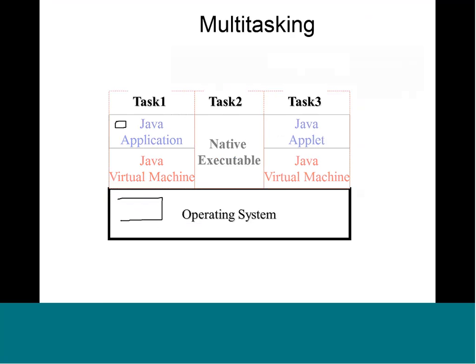So there is this thing called the scheduler inside the operating system. The scheduler inside the operating system is the one that is taking a process and handing it to the CPU, right?